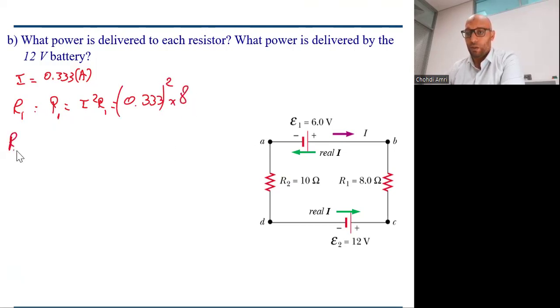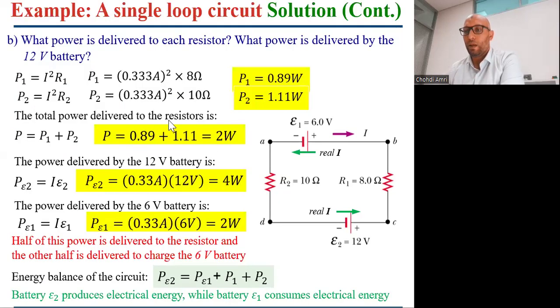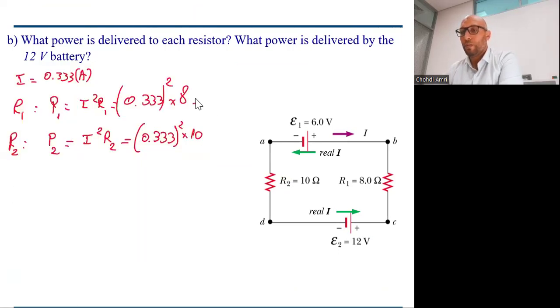For R2, P2 equals I squared R2. So it's going to be 0.333 squared multiplied by 10. And we're going to get, for the first one, 0.89 watts, and for the second, 1.11 watts. We are done. Let's continue.